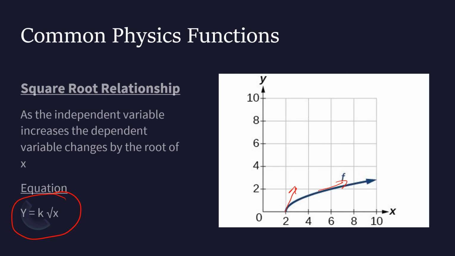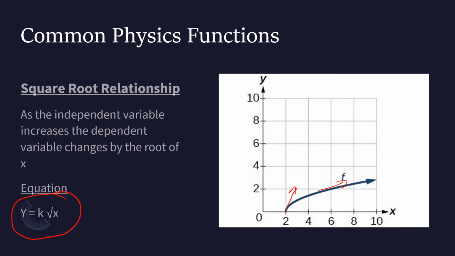There may be other factors in there too, but for the most part, the key that we care about is that constant times the root of x, understanding that it's going to steadily increase, but it's going to increase at a slower rate as we go along. So the slope is changing as we go.